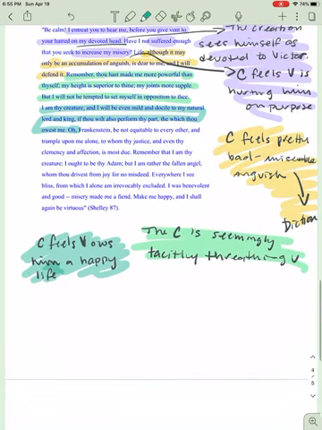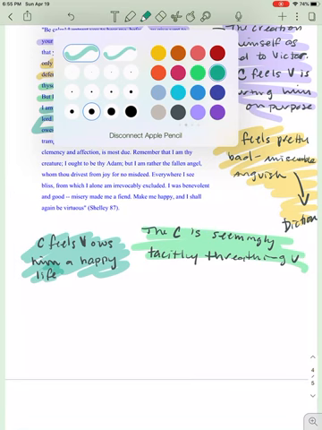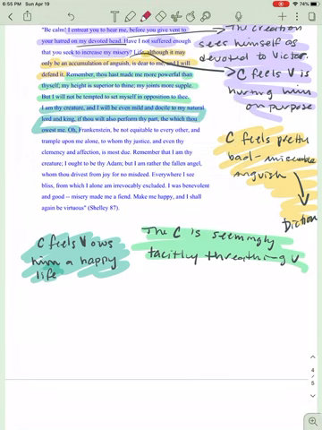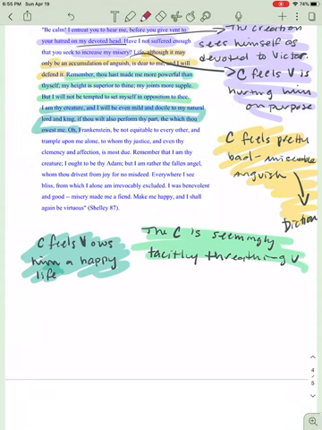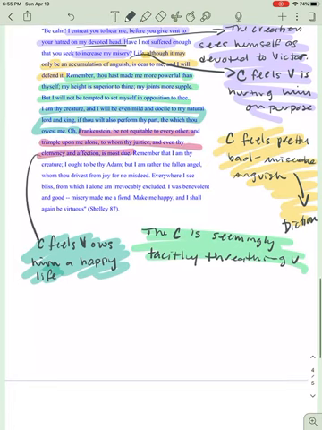It's your job to make sure that you provide for me, that you give me what I need. Frankenstein, he says, be not equitable to every other creature, and trample upon me alone, to whom thy justice and even thy clemency and affection is most due. I would even say that relates to the point before it. This, same thing is there.